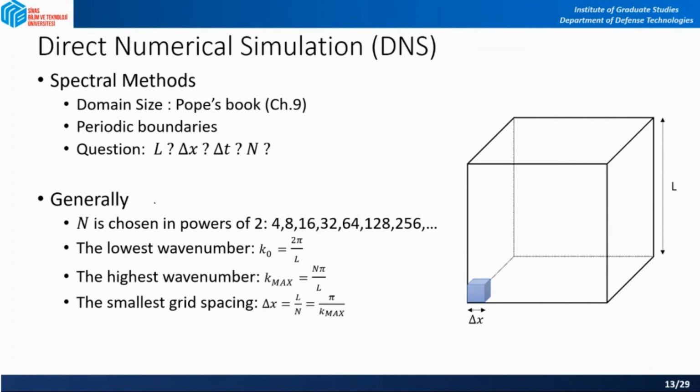These are all explained in chapter 9 of Pope's book. The title of that chapter is DNS, and it is very short. It doesn't describe many mathematics and many physics, but it refers all the time to chapter 6 of that book, with too many figures and equations. In chapter 9, we have a very short recap of practical ways to do DNS, like how we choose the domain size and everything. So I strongly suggest that you read chapter 9 of that book.